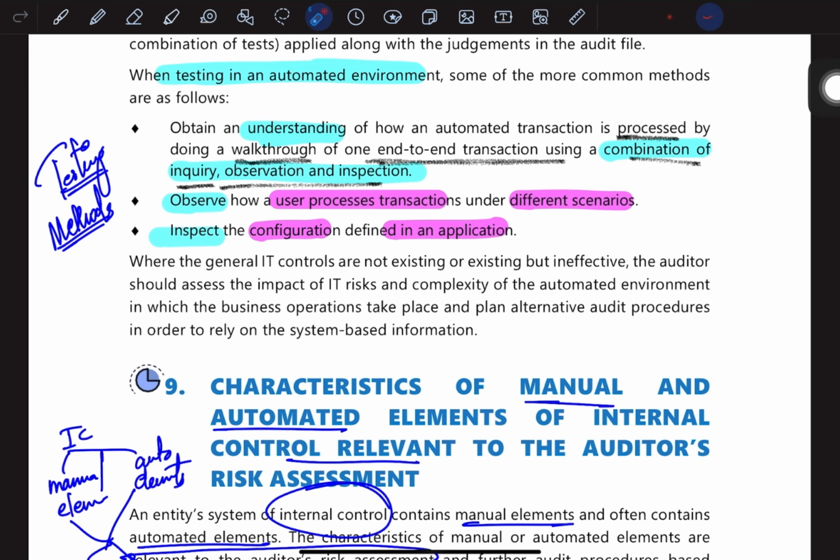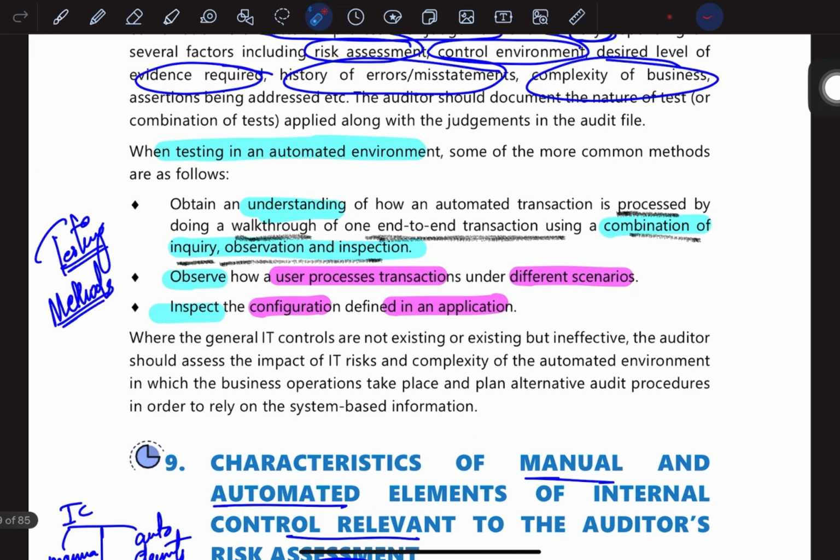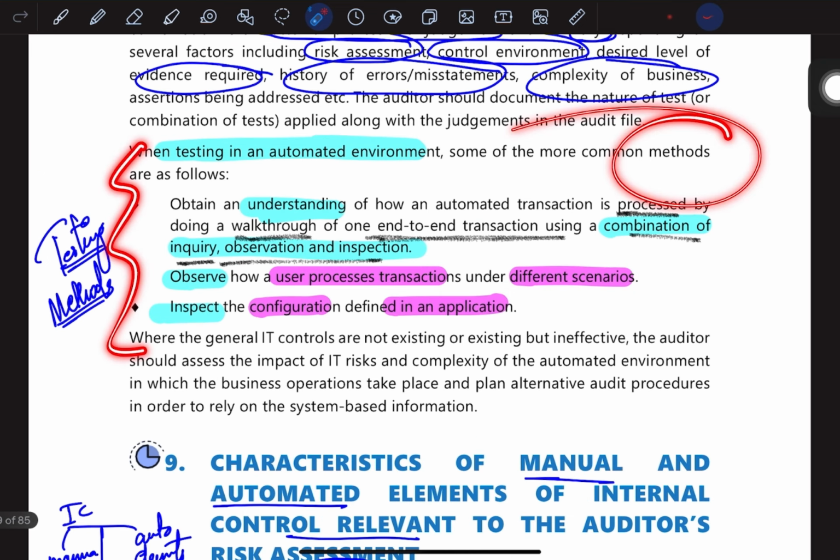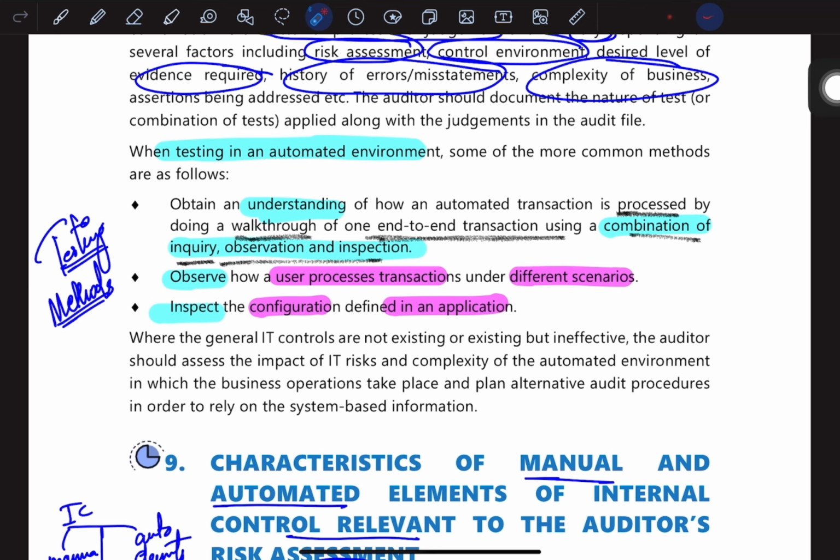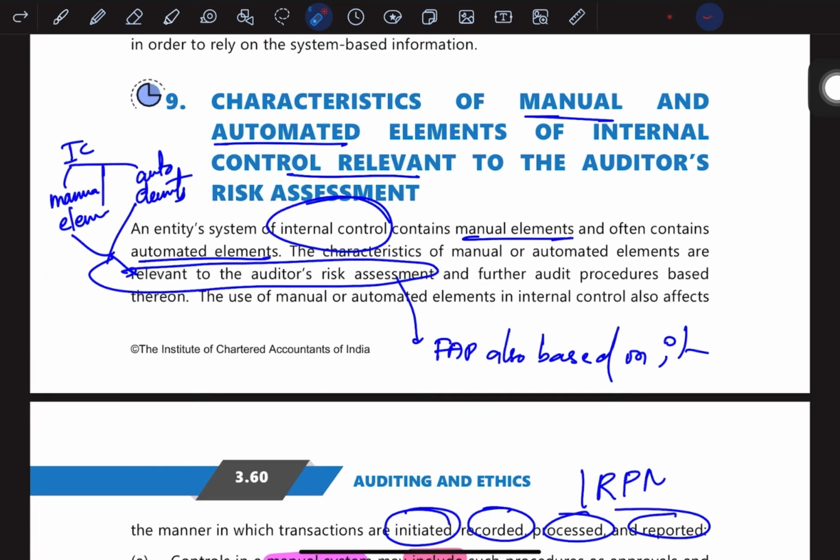Then you observe how a user processes transactions under different scenarios. Next, inspect the configuration defined in an application. So these are the three testing methods that you need to follow.